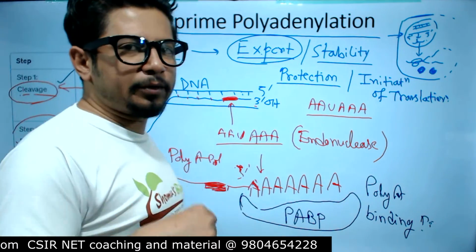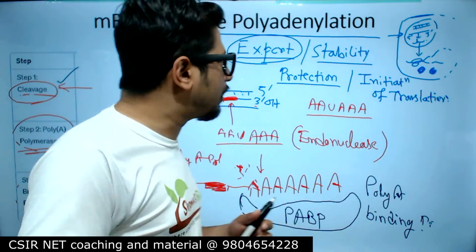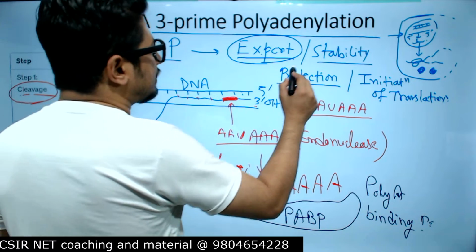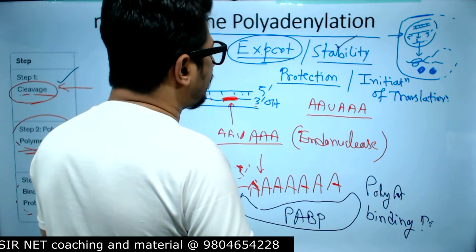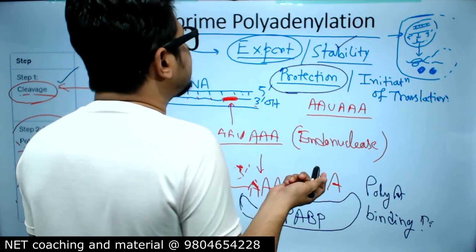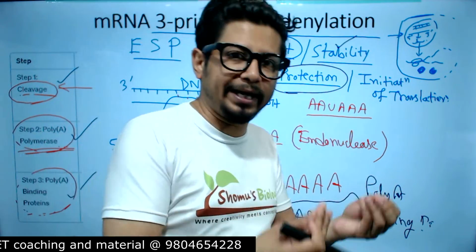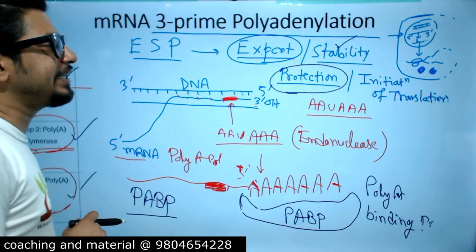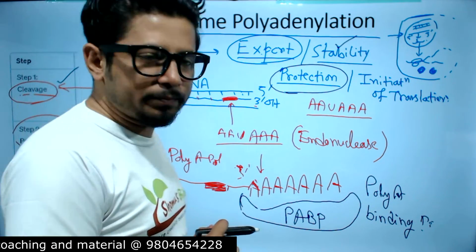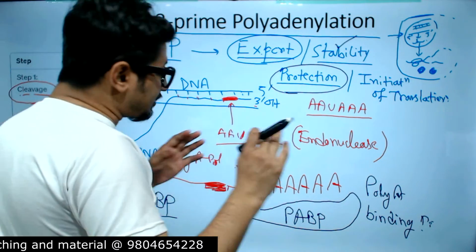Again, if you ask me why this is so significant, it increases the stability of the eukaryotic mRNA, gives it protection, helps in its export, makes it export ready, and also initiates the translation process. Sorry, translation, not transcription.